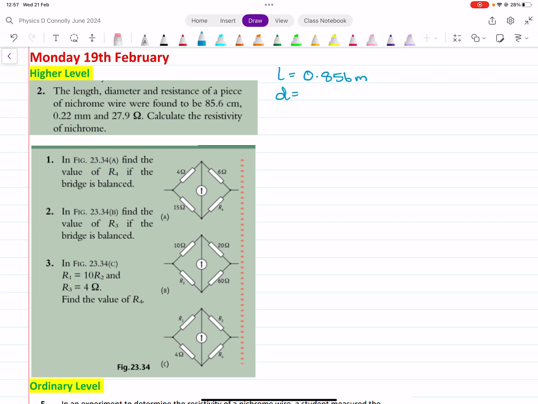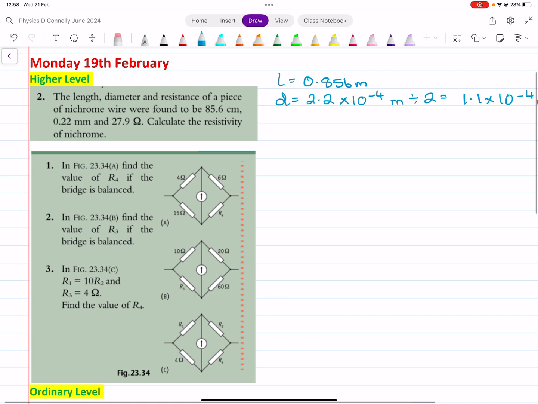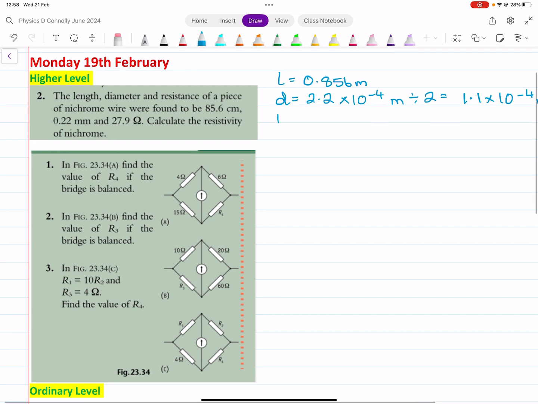The diameter is 0.22 divided by 1,000, so 2.2 by 10 to the minus 4 meters, and then we're going to divide that by 2. So 1.1 by 10 to the minus 4 meters is the radius. What's the last thing? Resistance. The resistance is 27.9 ohms. Calculate the resistivity.